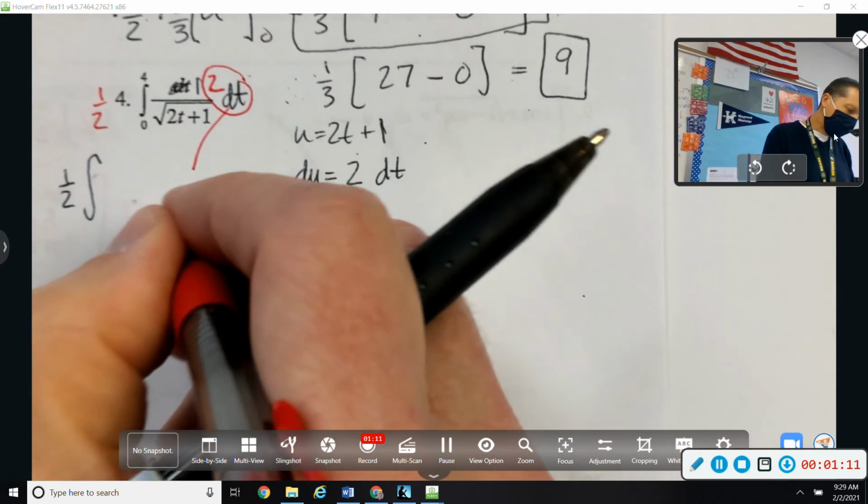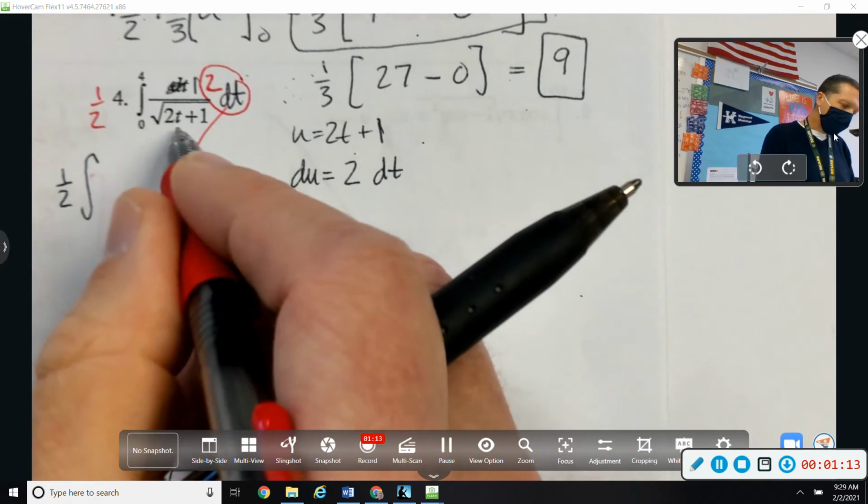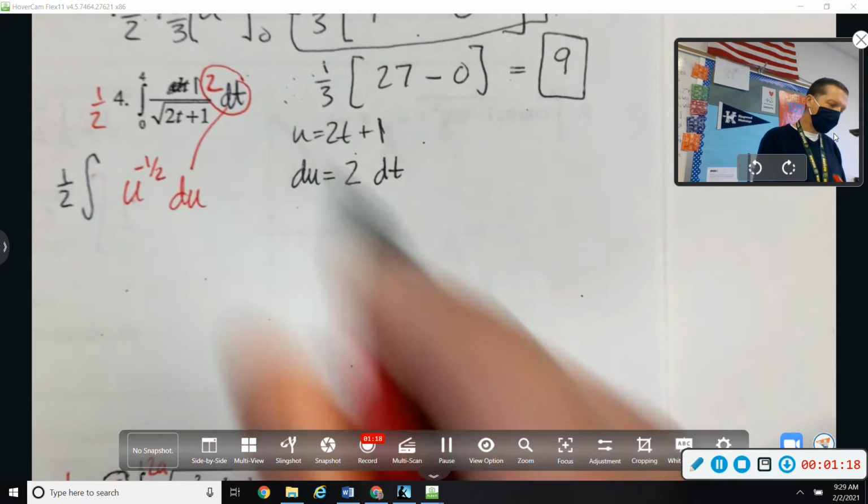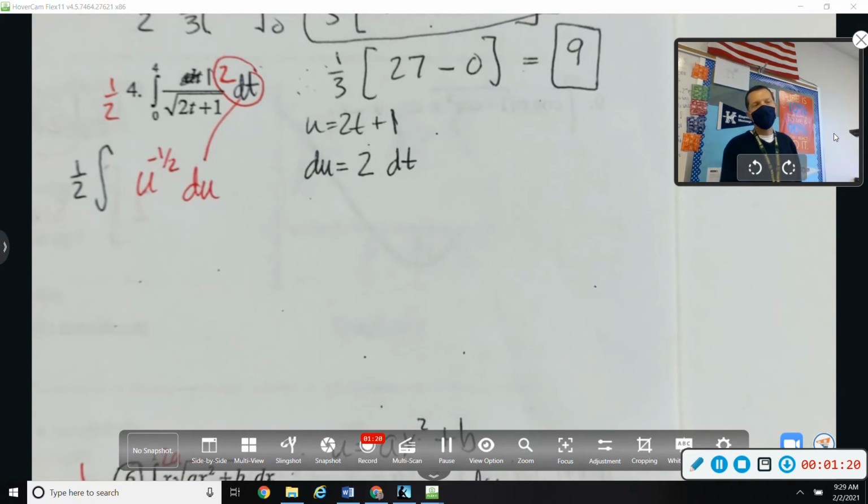So 2 dt is du. Square root of u in the bottom is u to the negative 1/2. Right? Because I don't want to take antiderivatives of denominators or of roots or radicals because that's going to be a problem. So instead, write it as an exponent and then I can do the power rule.